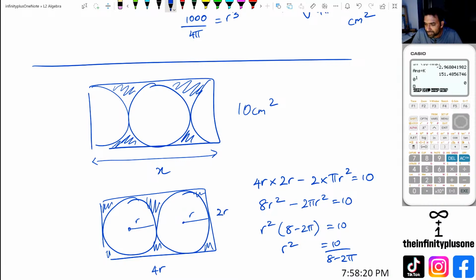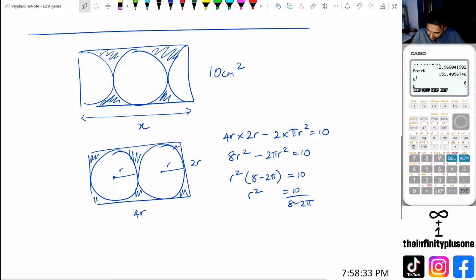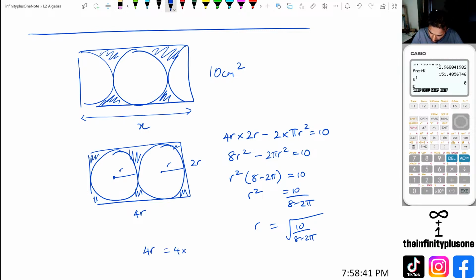Because it says it's a circle, guys. If it's a circle, then area is just you use the r's, the radius. Okay, so it asks for the length of the rectangle. Once you find what r is, r squared is 10 over 8 minus 2 pi, then 4r equals 4 times square root of 10 over 8 minus 2 pi, whatever that is.